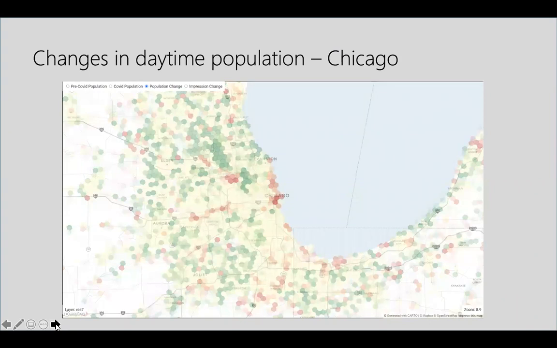Chicago, seeing the central business district having a decrease of activity, urban areas fairly stable, but once you get into the suburban areas and rural areas, even a little bit of an increase, even if the population density was somewhat low to begin with.